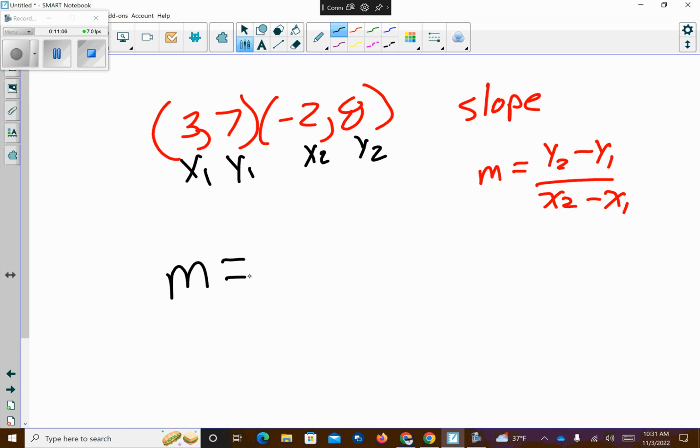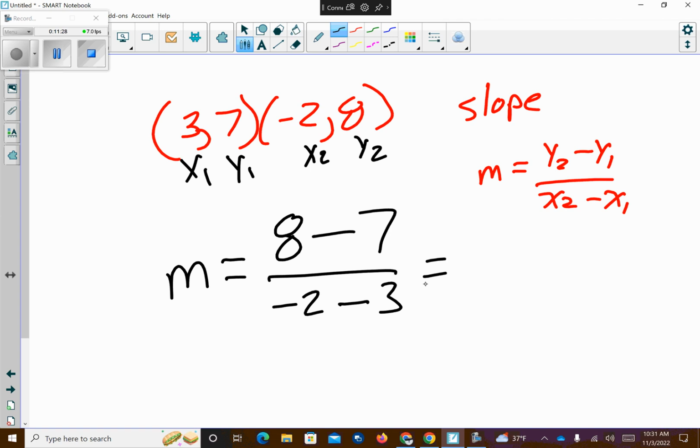All right, friends, what is Y2? What did I label it? 8. There's a subtraction sign. What is Y1? 7. What is X2? -2. There's a subtraction sign. What is X1? Do the arithmetic. Hey, we're allowed to have a calculator.